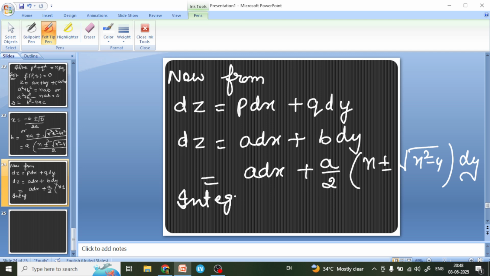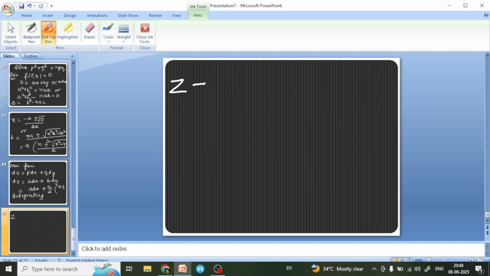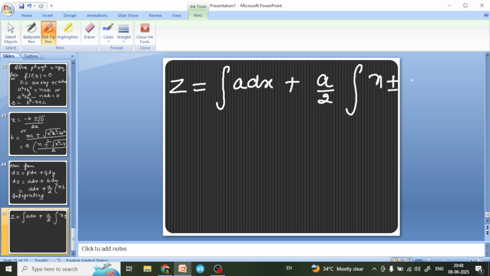After that, integrating, we will get z is equal to integration of a dx plus a over 2 integration of n plus minus square root of n square minus 4 dy plus c.